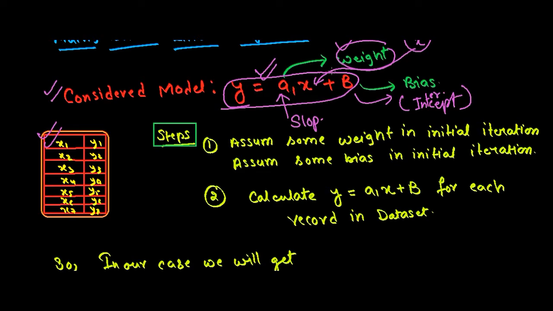And after that what we do, because we don't know the values of our weight variable a1 and the bias variable b, in the algorithm we first assume some weight and some bias to our model. Okay, in general for the first iteration we can assume that our weight a1 is equals to 0 and our bias is also equals to 0.